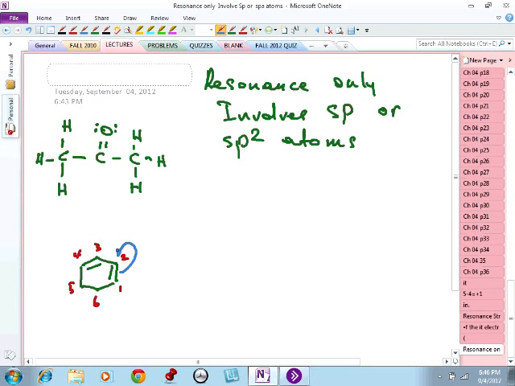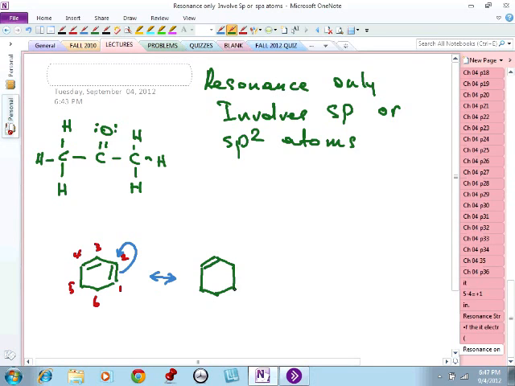Supposing we move that to here, keep in mind we use the regular arrow to show the movement of 2 electrons. So what will be the resonance structure once you do that? What will it look like? This double bond you see here, we didn't change that, right?